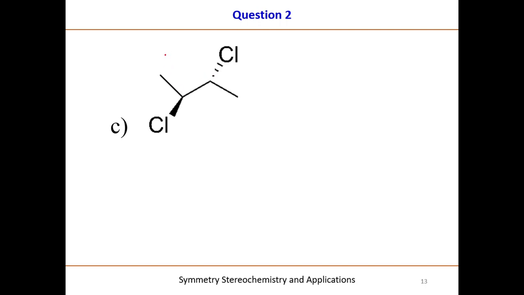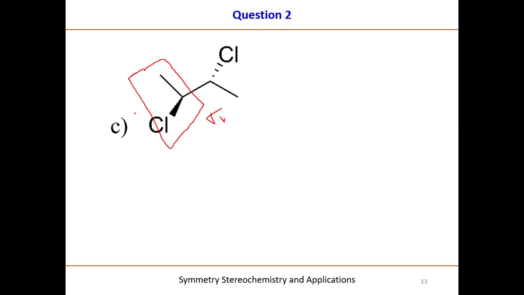When we pass the plane through these two carbons, this is a vertical plane, you will not get the same molecule; we have the right hand side different from the left hand side. So that means here the sigma plane, sigma v, is absent.